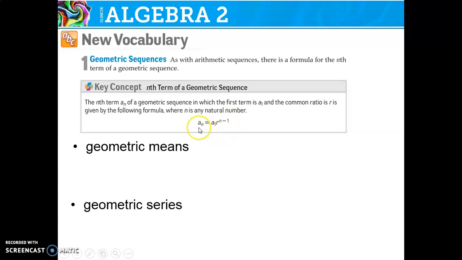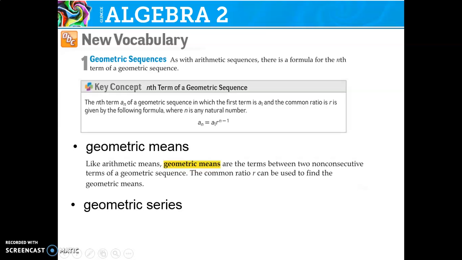So if you want to find any term, you just need the first term and you multiply by the ratio, which is what you're multiplying by every time, and you do that n-1 times. So if you're looking for the 10th term, you take the first term times the ratio to the 9th power.